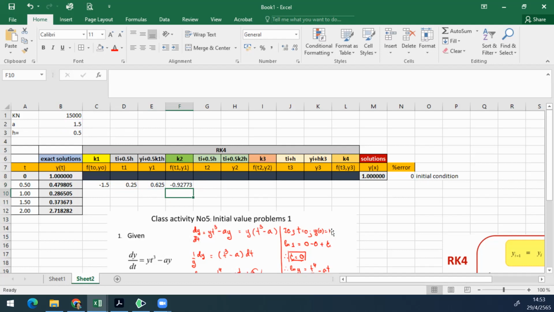T2 becomes what? T2 is equal to ti plus 0.5 times h.